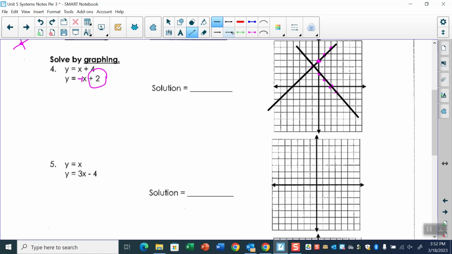Okay, and then where they intersect is my solution. So if I start at the origin, that would be minus 1 for the x-coordinate, and then up 1, 2, 3 for the y. Okay, and again, please type that into Desmos, so you can check your lines and your solution.